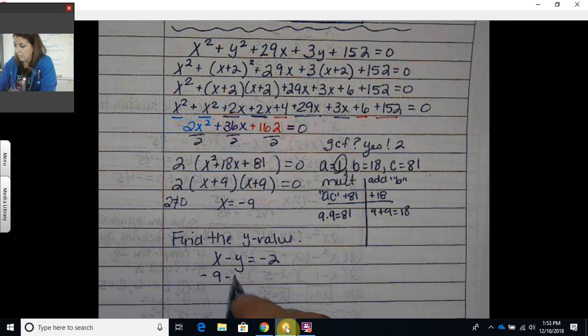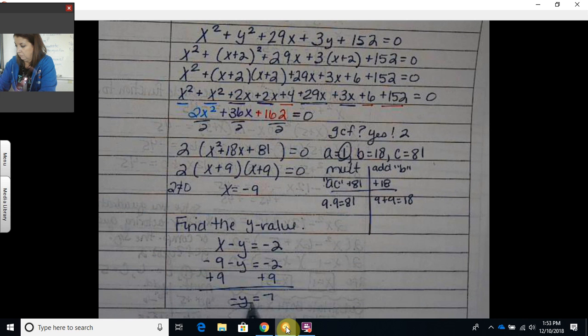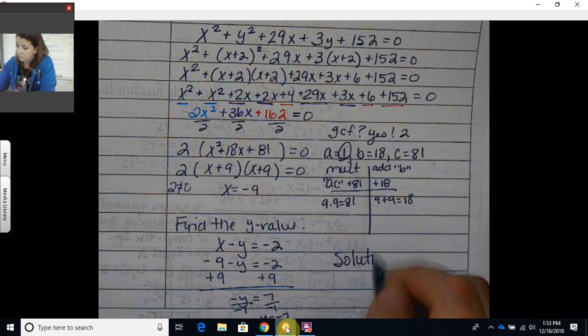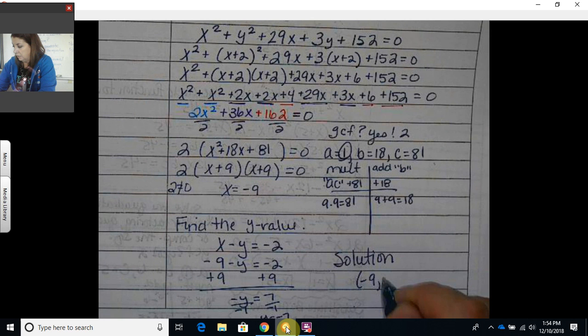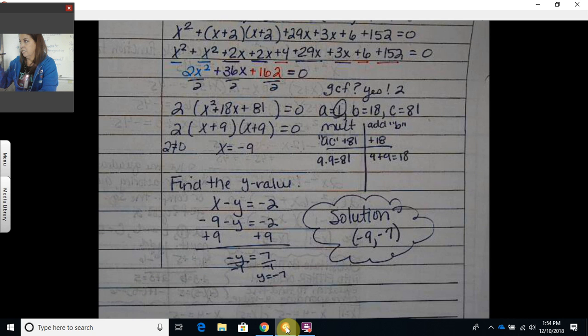So I just solve for y. So the ordered pair that the circle and the line have in common is negative 9, comma, negative 7. Tomorrow I can show you how to graph that, and we'll see that they do actually intersect in one place because they're tangent at negative 9, comma, negative 7.